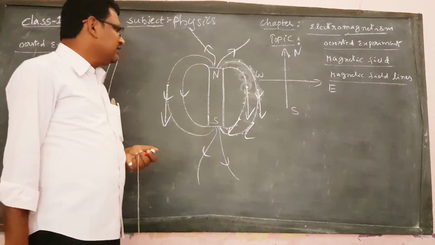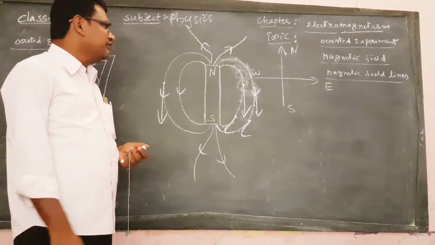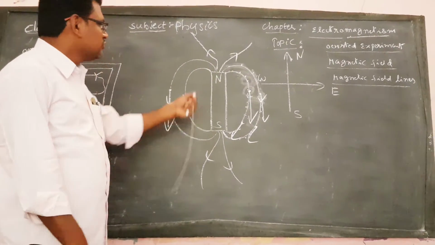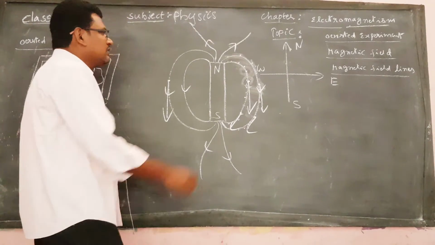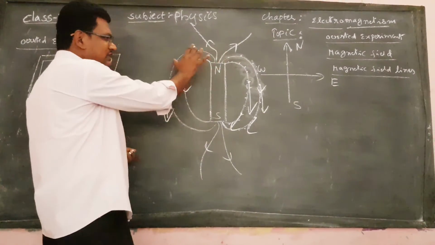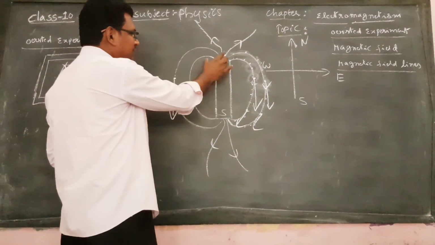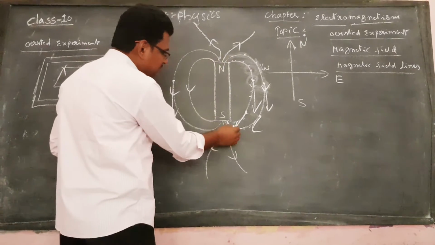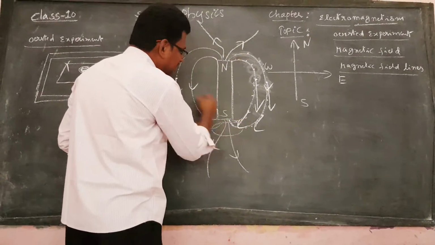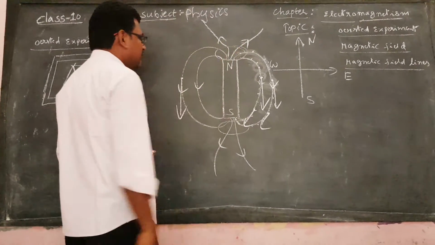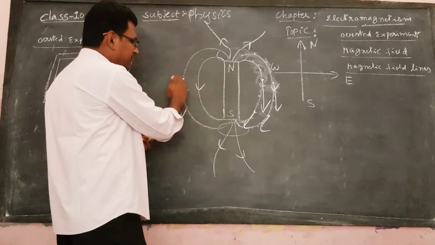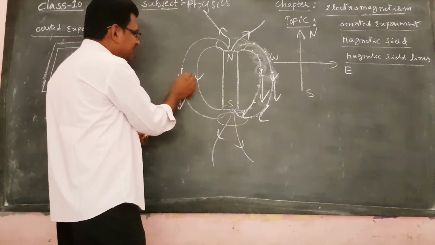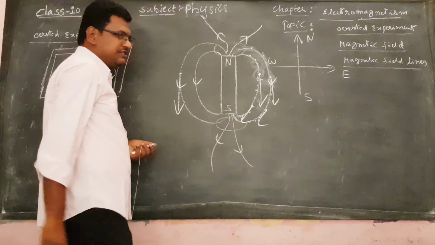Okay. Now let's see how we know the strength of the magnetic field. Around a bar magnet, we observe that at the ends of the magnet the magnetic field lines are very close, whereas near the middle of the magnet the magnetic field lines are separated by a large distance.